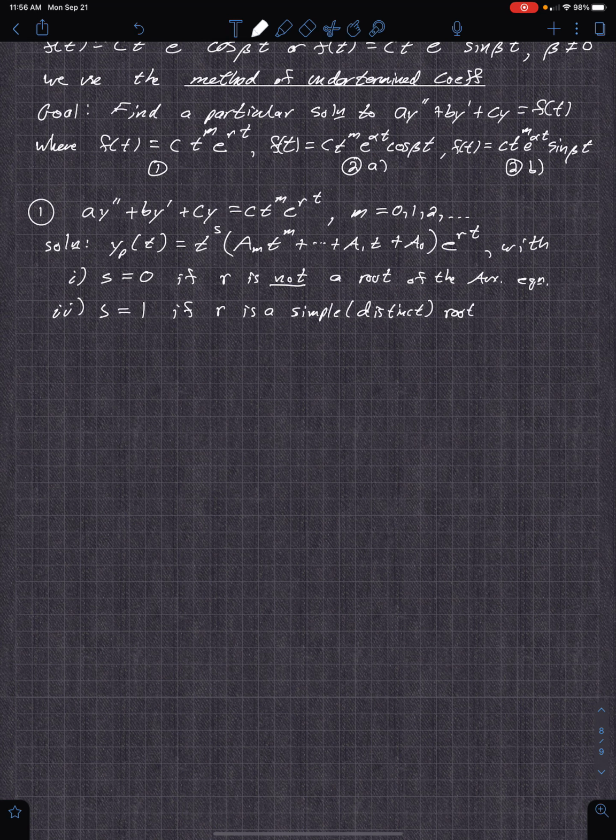And then 3, s is equal to 2 if r is a double root, so repeated, a double root of the auxiliary equation. All right, so that's case 1.